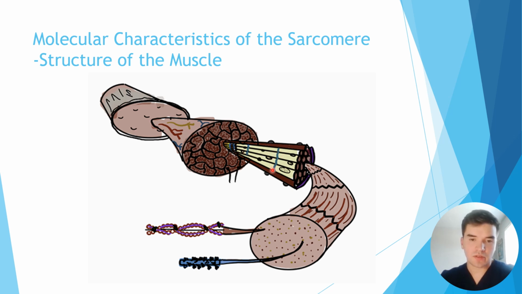So breaking down muscle cells, you have the sarcolemma that covers the outside of the muscle cells, as well as something called dystrophin, which links the sarcolemma, which is the outside of the cell, to the endomysium.